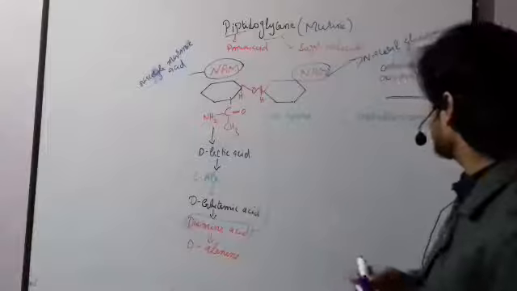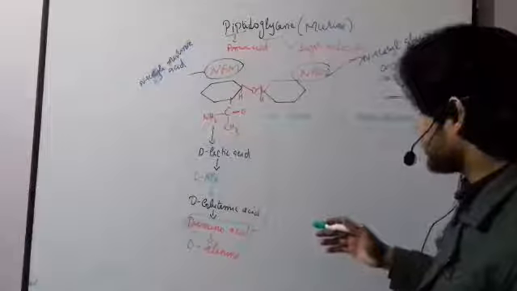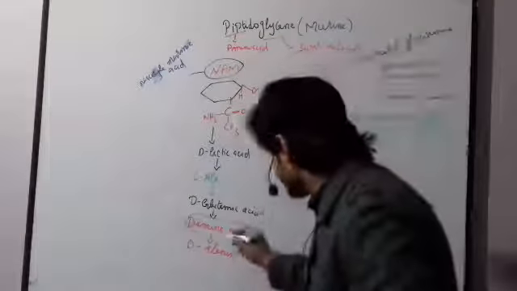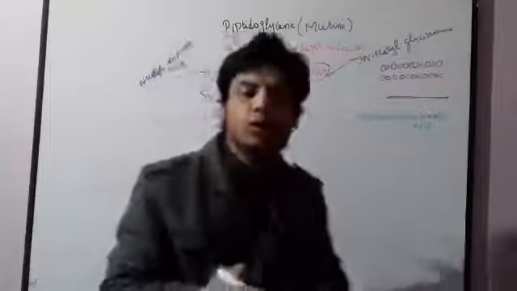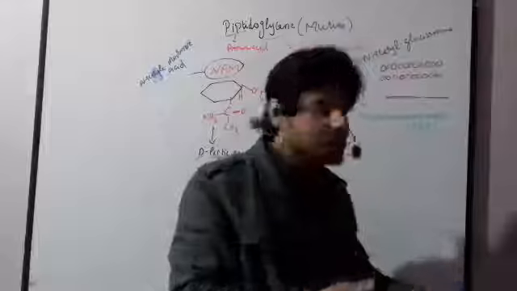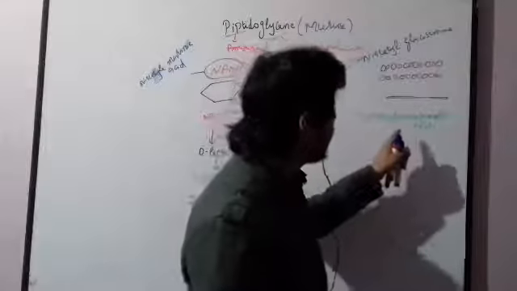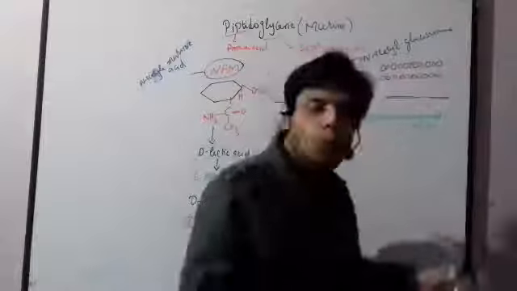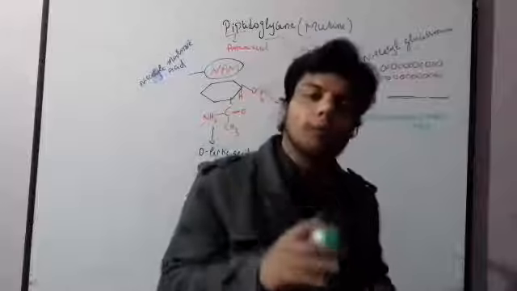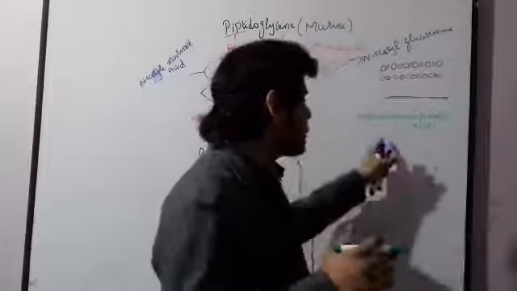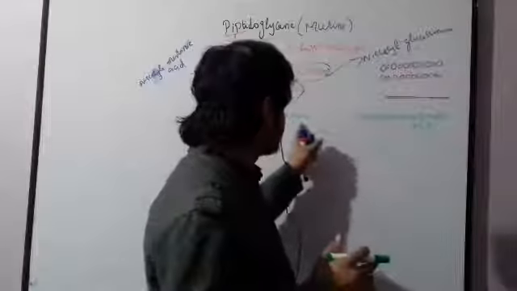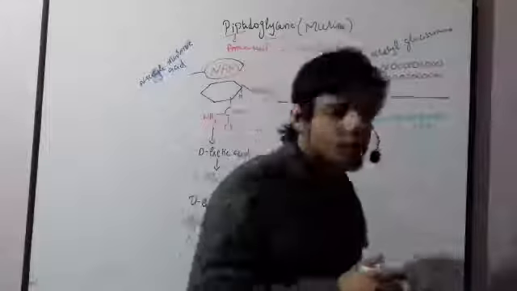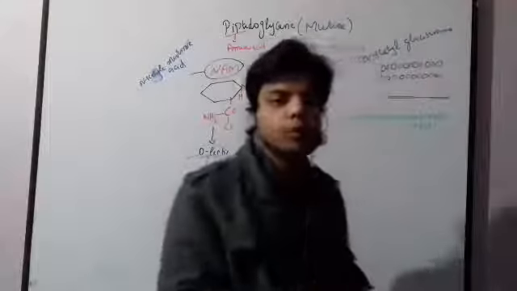So these are the 2 amino acids, that's why we call it diamino acid. Lysine will be present in the case of gram positive bacteria, and meso-diaminopimelic acid will be present in the case of gram negative bacteria.